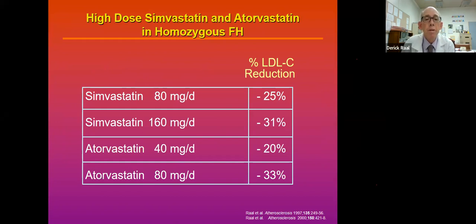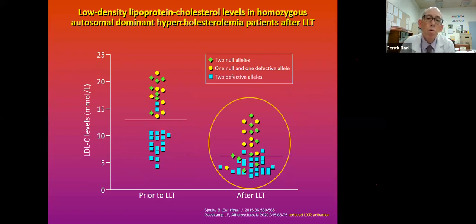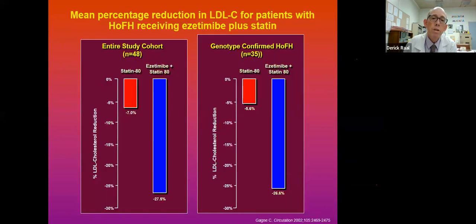So instead of a 50% reduction, you get about a 25% reduction in LDL cholesterol, but homozygotes do respond. This is more recent data from the Netherlands, which shows that even homozygotes with null mutations, shown in the green triangles, do respond to high-intensity statin therapy. So it's first-line therapy in all our patients.